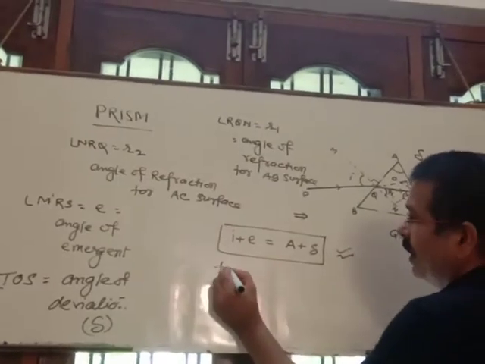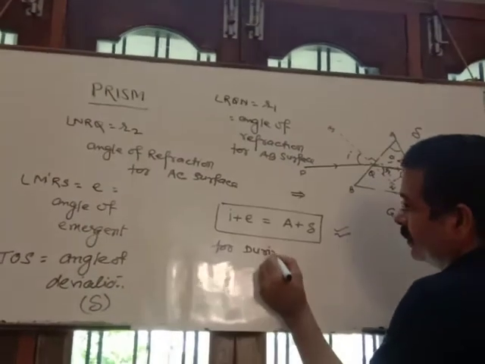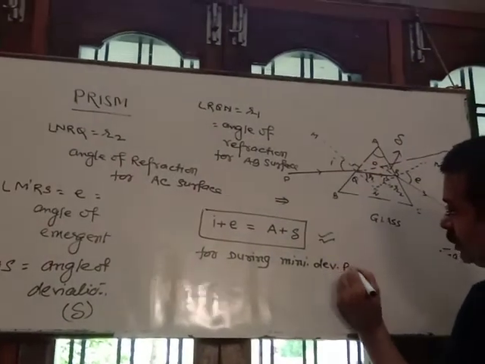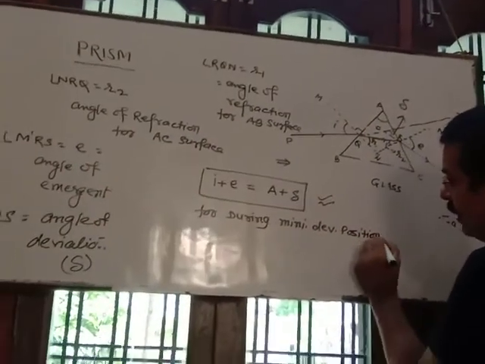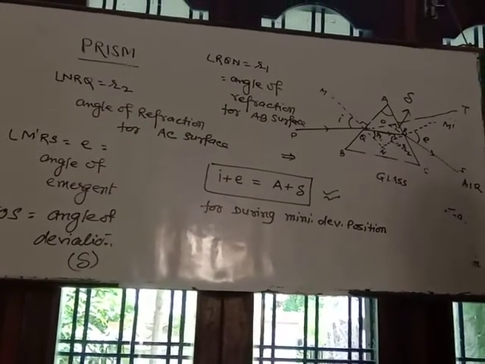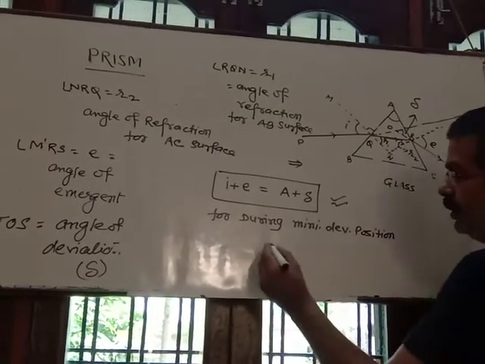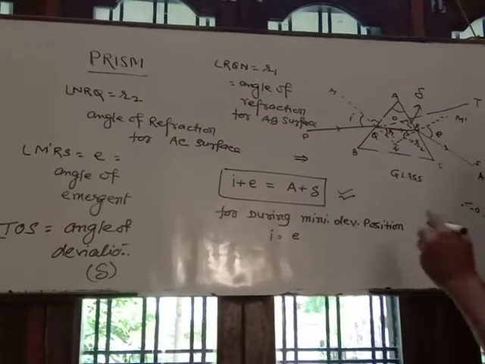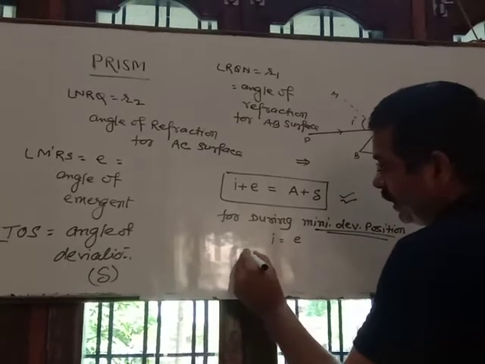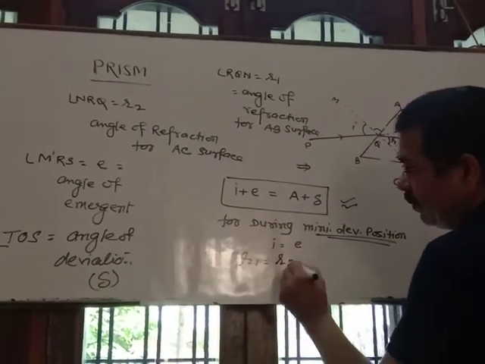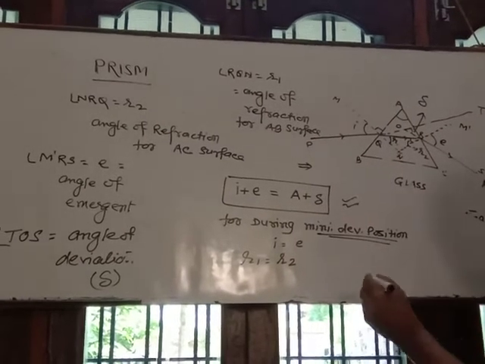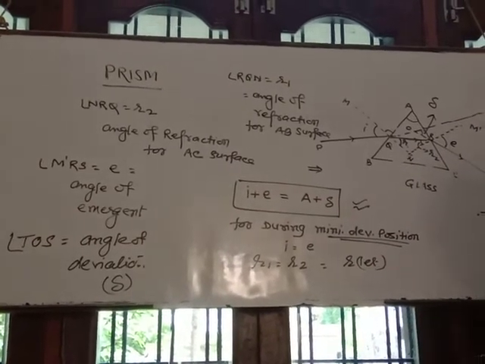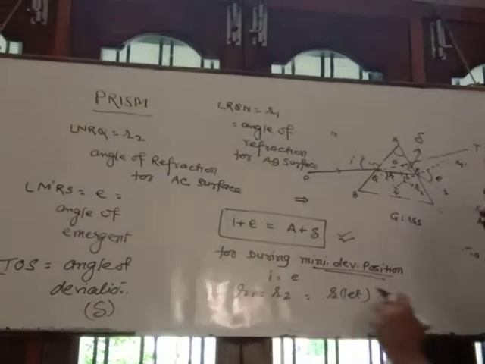But during the minimum deviation position, when the light ray deviates minimum from its initial path, the angle of incidence is equal to the angle of emergence, and both angles of refraction are the same. R1 is equal to R2, and let it be R.